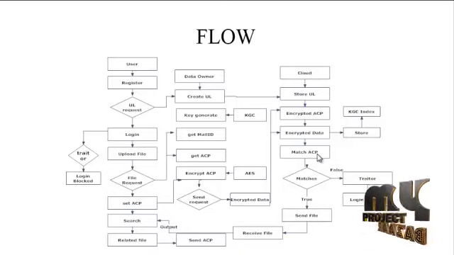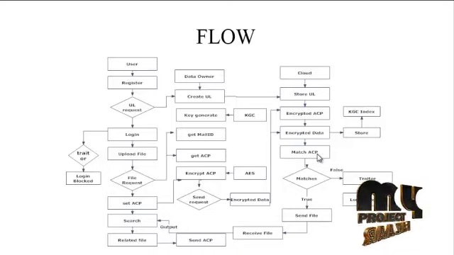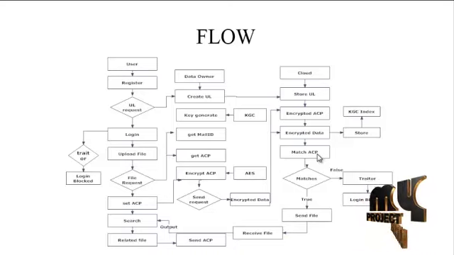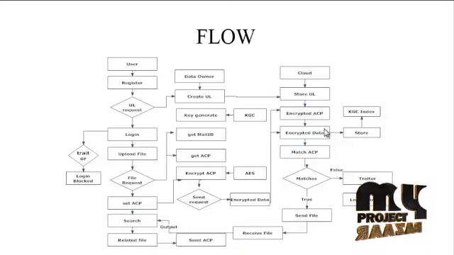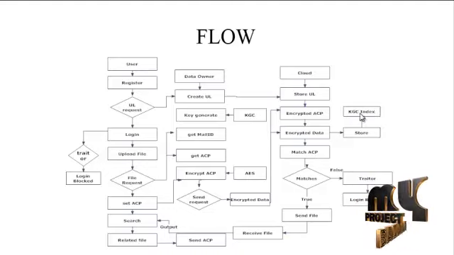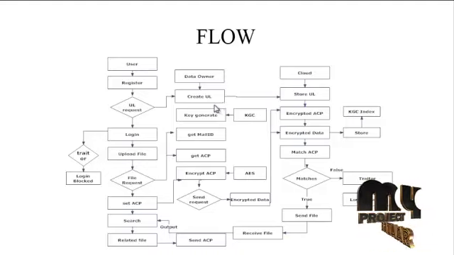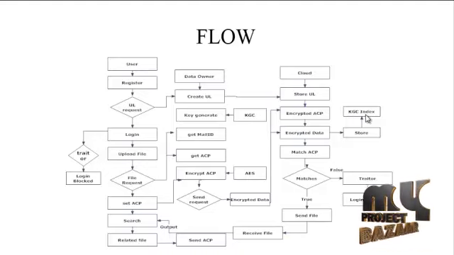Also the keyword set, encrypted ACP, plus the data will be stored in encrypted format. The index is generated by the KGC. So the KGC is responsible for creating the UL user list as well as the index.